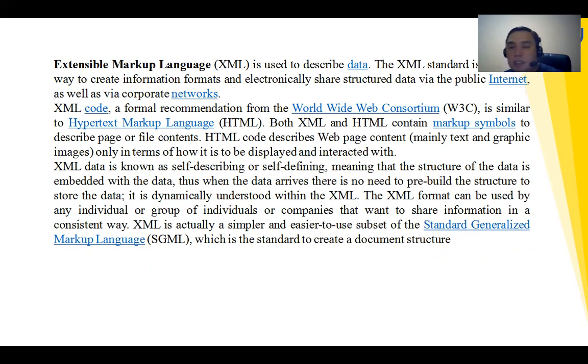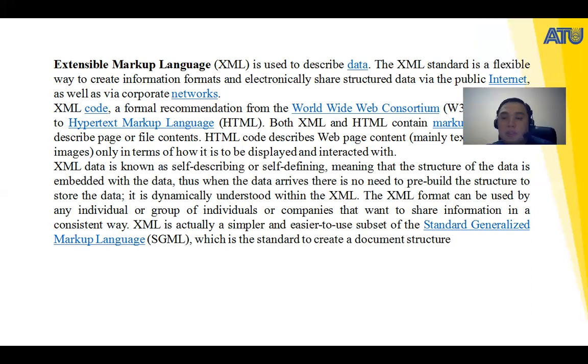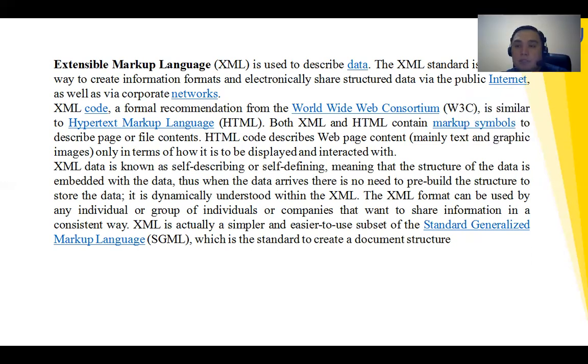The XML standard is a flexible way to create information formats and electronically share structured data via the public internet as well as via corporate networks. XML, a formal recommendation from the World Wide Web Consortium, is similar to hypertext markup language.